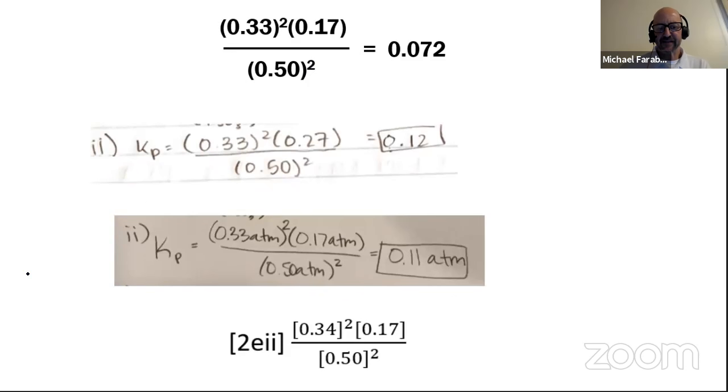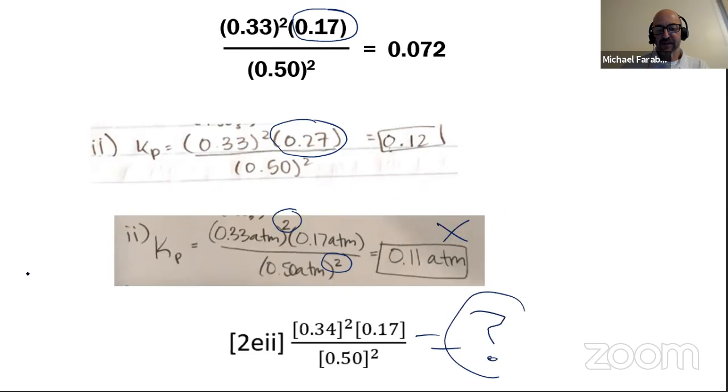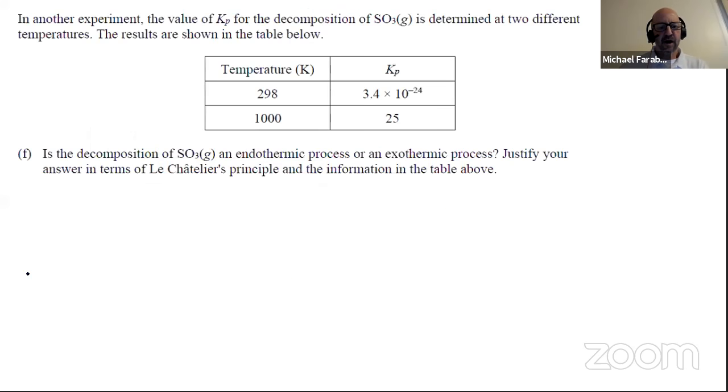Okay, again, things like this, don't be careless. 0.17, not 0.27. Now this looks good, but I think they forgot to actually square their number, so they got the wrong answer. And this person set it up, but they didn't actually calculate it. So they plugged in the numbers, but didn't finish the problem. Okay, so again, these are helpful guidelines. All right, is the decomposition of SO3?